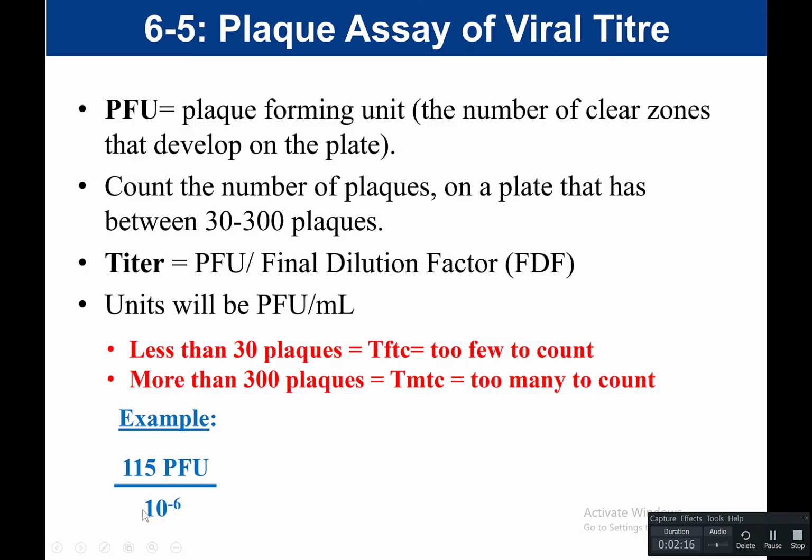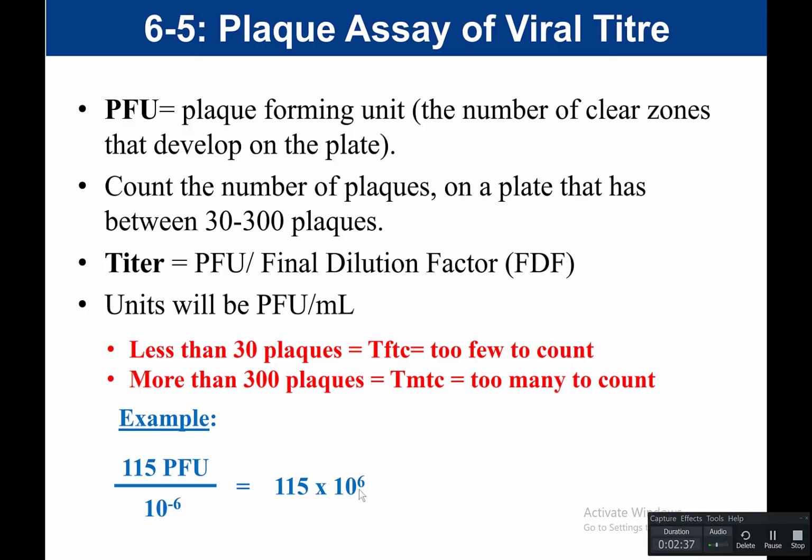So we have 115 divided by 10 to the negative 6. That is equal to 115 times 10 to the positive 6. When we divide by a negative exponent, it's now multiplying by the positive exponent. So it's 115 times 10 to the 6.